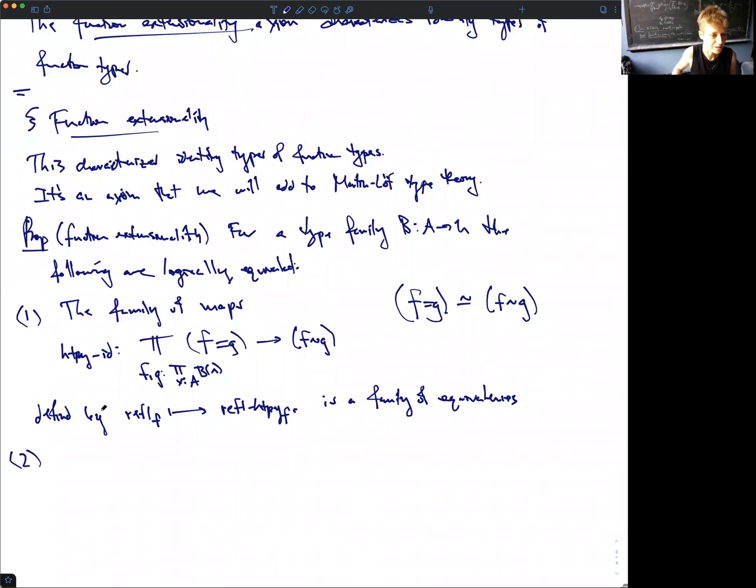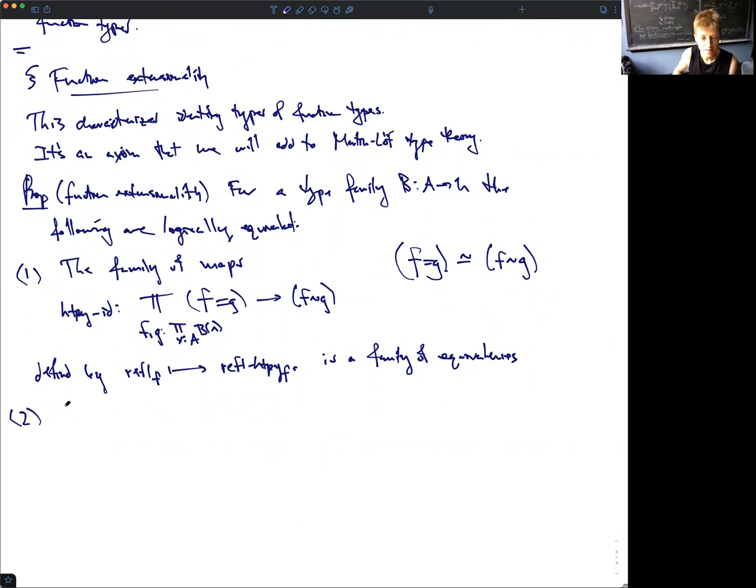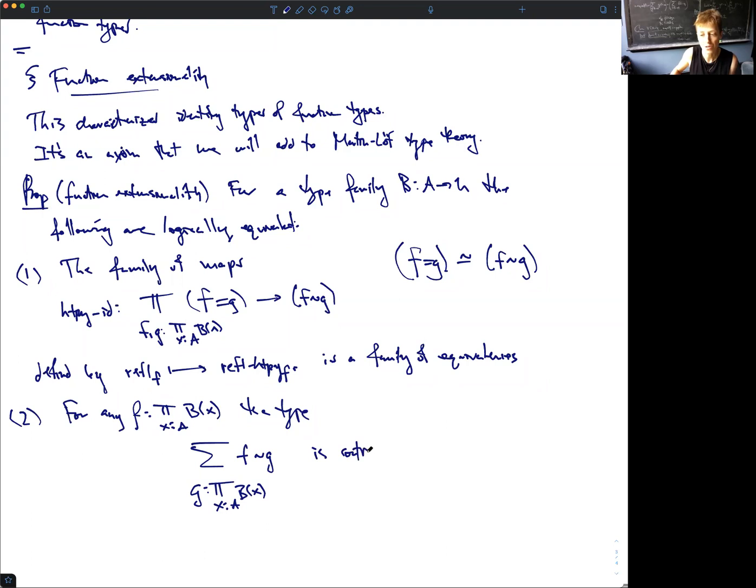Okay, so what's statement two? Statement two is that for any dependent function, so now I'm going to fix one of these dependent functions, and then consider the type where I take the sum over an arbitrary second dependent function and the data of a homotopy between F and G. And the second statement is that this type is contractible onto the term that we know about.